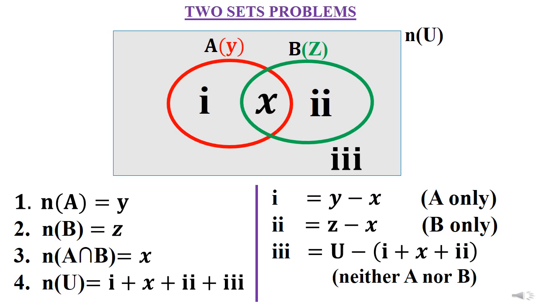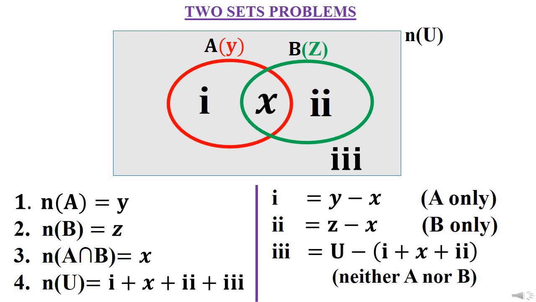Now, whenever there's a statement or a phrase without the word only attached to the sentence for the set, then we represent this number of items on top of the circle in place of either Y or Z.